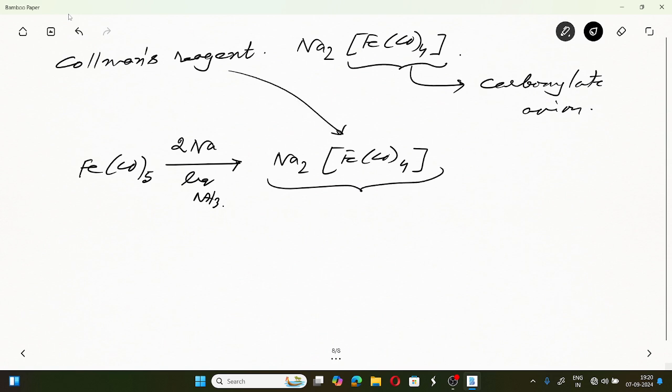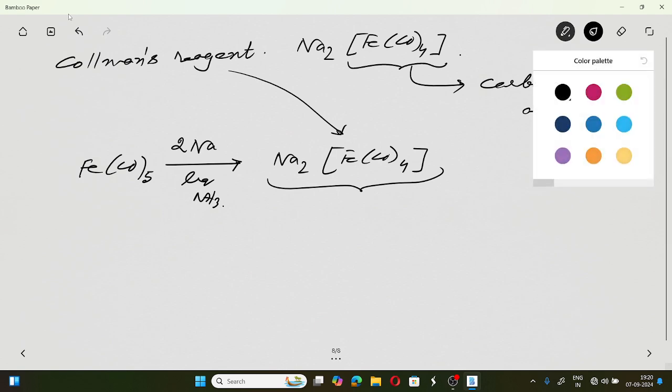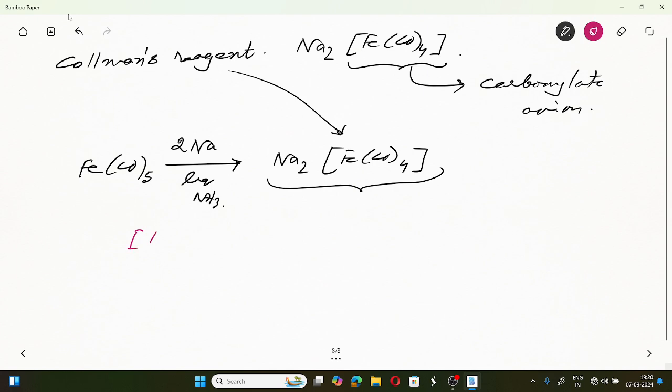Now this Coleman's reagent, it can be utilized to synthesize a wide range of organic compounds. কিরকম? দেখো this FeCO4 2 minus. So what is the oxidation state of iron?